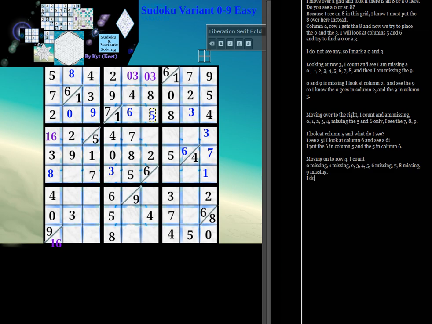Now I do see a 1, 7, and 9 in the first 3x3 grid.